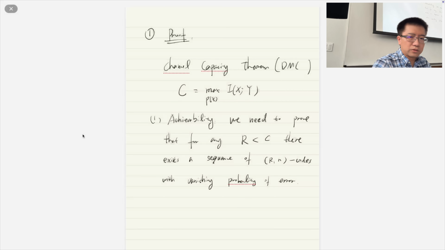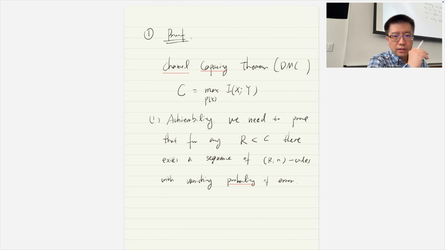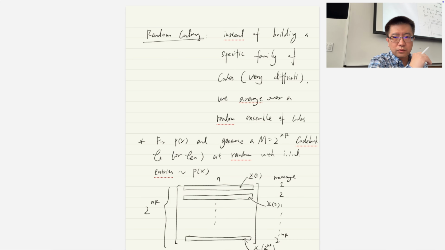Let's take a look at the details, because we need to continue the proof. Let's briefly go over where we were last time. This is the idea of random coding. We generate a number of codebooks, and each codebook has a number of codewords.